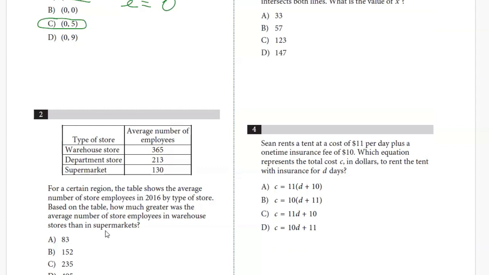Since we're looking for the difference, since it says how much greater, if we look at the warehouse and supermarkets, it's 365 minus 130, which is 235. So C is correct.